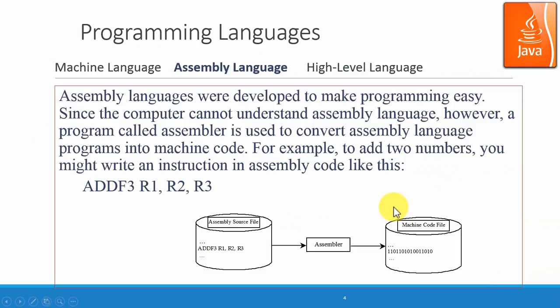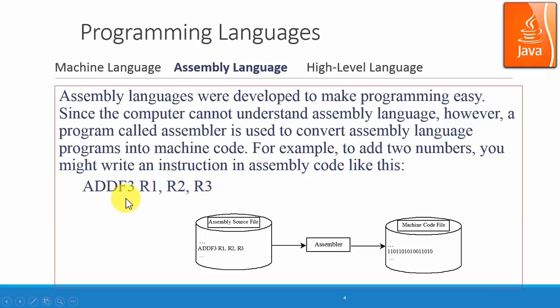Assembly code was developed to make programming easier because the machine code is totally not readable. And so we have some symbols or some names for the assembly code. We call it the instruction name. The registers are not in the binary format, but we use certain register names for them, like R1, R2, R3.